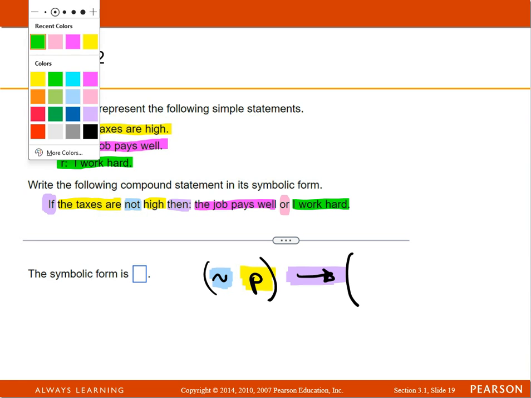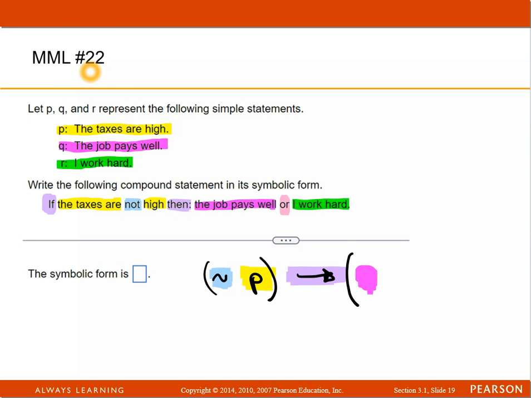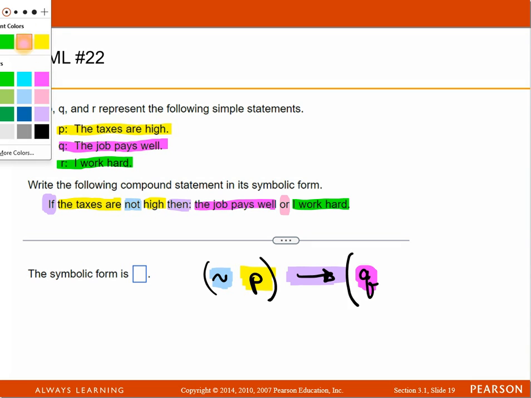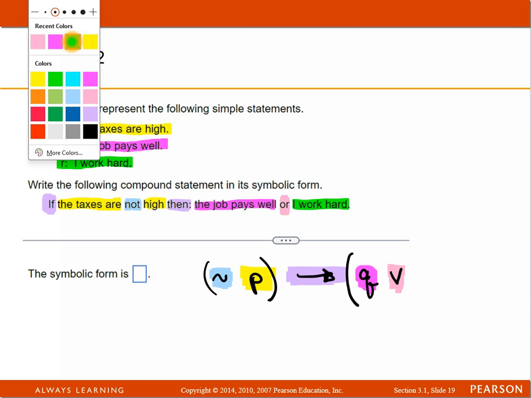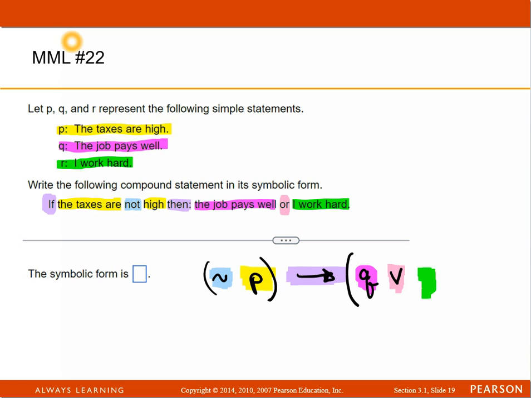So you're gonna have the job pays well, which is the letter Q, and then you have the or, which is the V symbol, and then you have the I work hard, which is the letter R. And then I would close that out. And that's your answer, and you type that in the box.